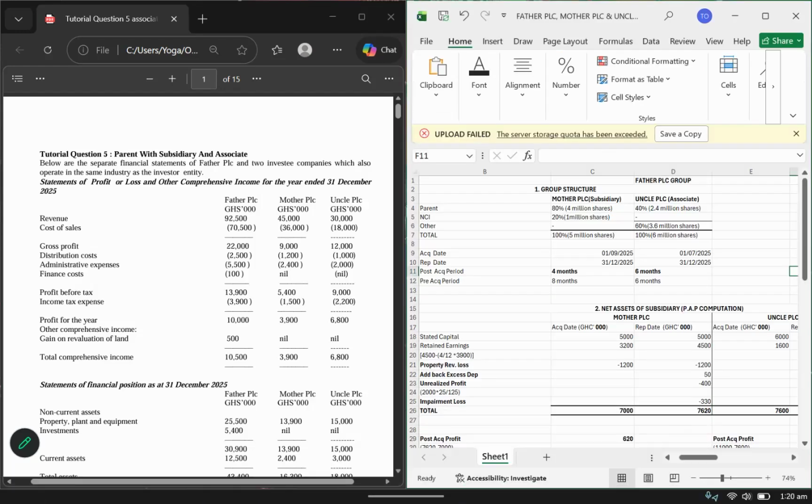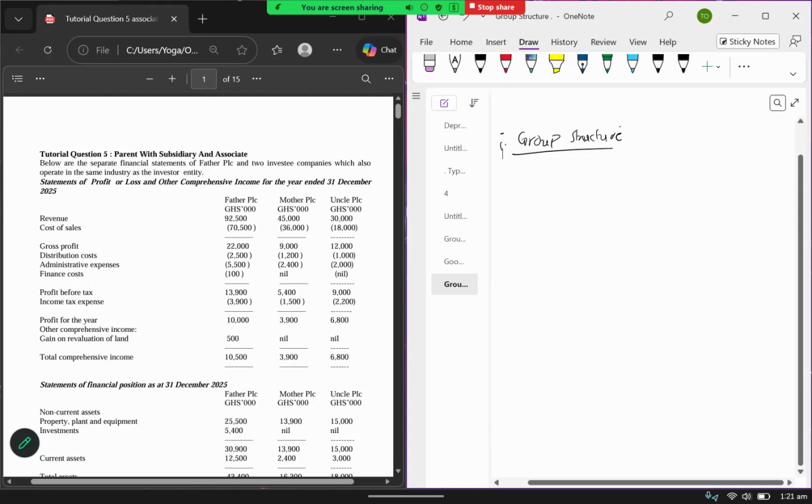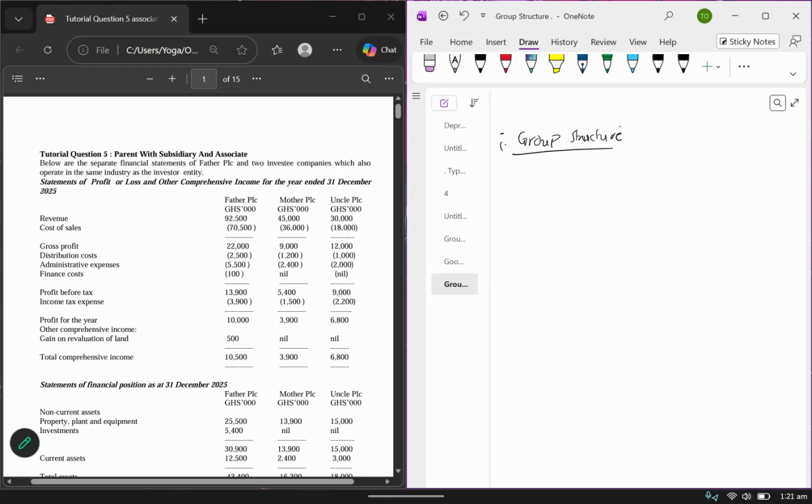I've typed everything in here, but I would first want to explain some things and then we analyze the question before I go ahead to talk about the actual entries in the presentation in the financial statements.